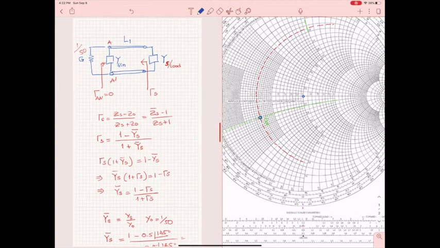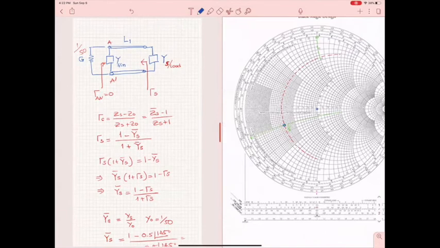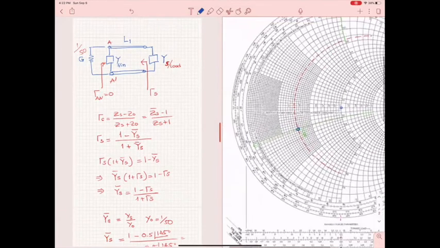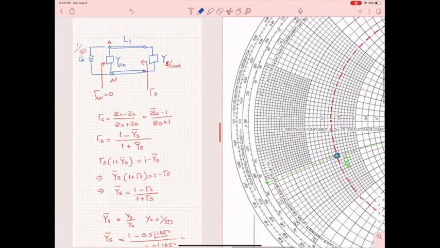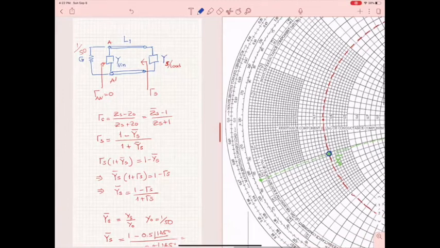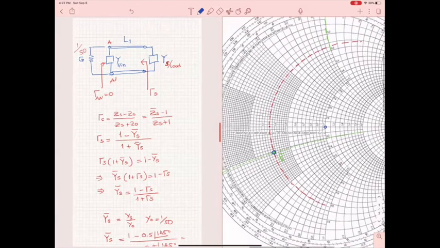So here you need to remember, it says wavelengths towards generator. Our generator in this case is to the left of us. So if I want to move towards the generator from ys along this circle, on the red circle, all of the admittance points are the same.